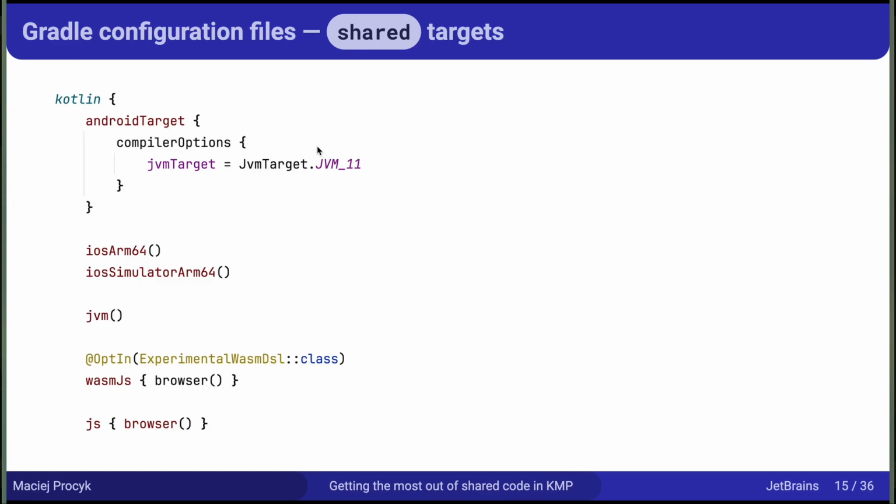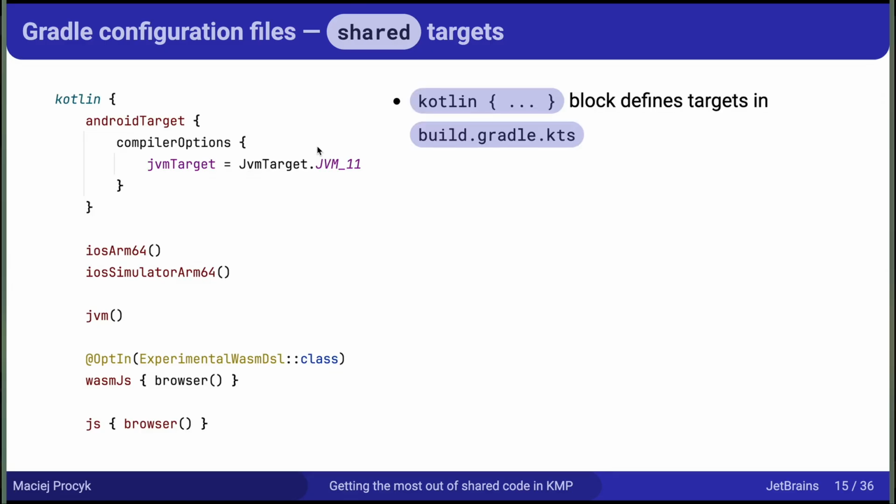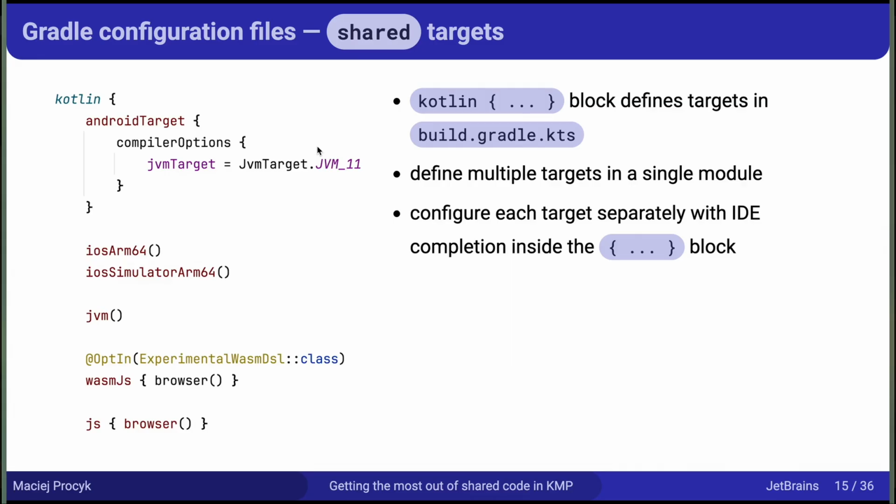And the way you define such targets when playing around with Kotlin Multiplatform is the kotlin block configuration lambda in build.gradle.kts files, in which you just list those targets to be available in your module. Here we can see the shared module, which is supposed to be some kind of a library to be reused by the front-end and server parts, and in which we would like to support all the targets that we intend to run for.